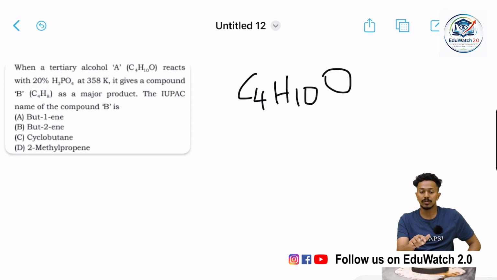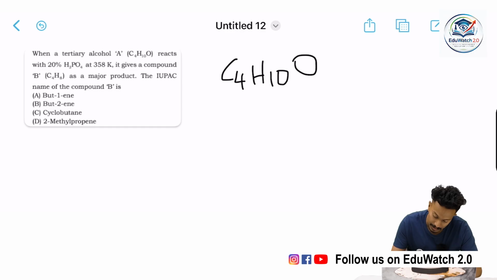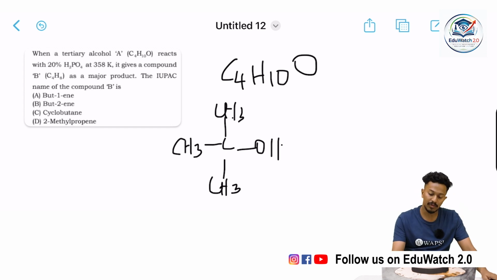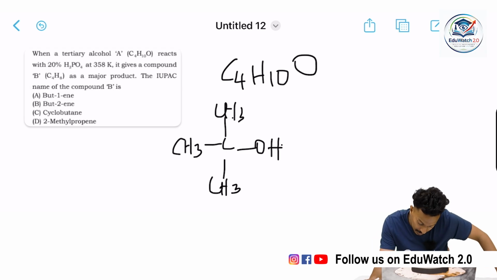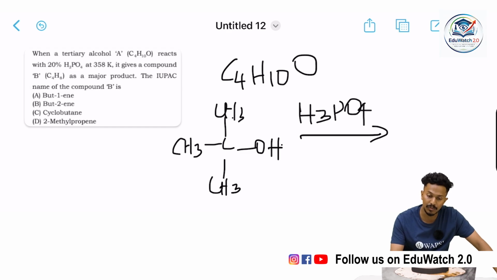So in this question, we should consider an alcohol. We could proceed by treating it with orthophosphoric acid, H3PO4, at 383 Kelvin.